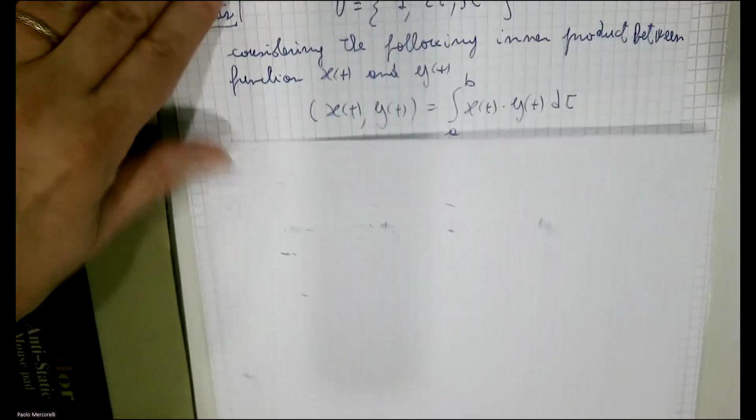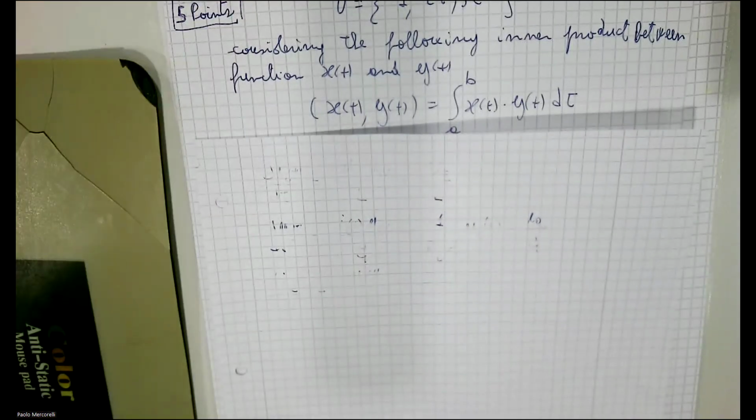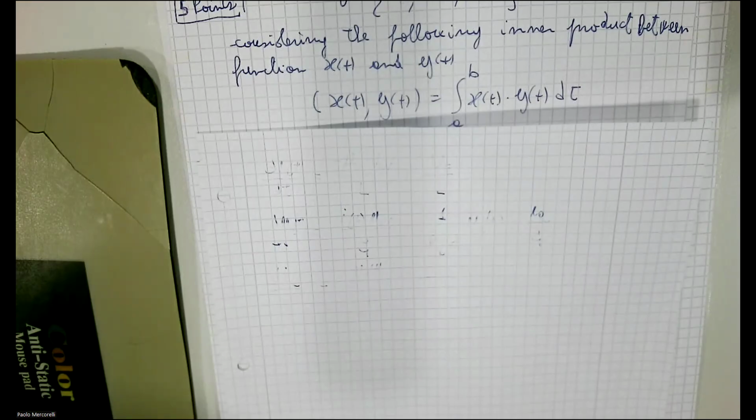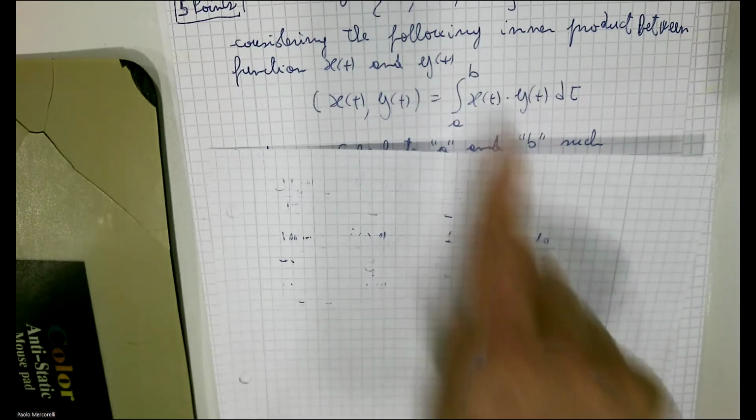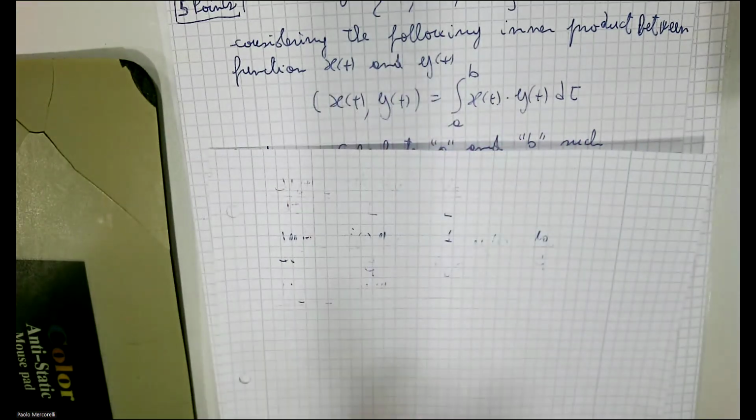Considering the following inner product between two functions, so defined. I give you in the text something like that. You have two functions, and you have the inner product defined in this form. Questions?